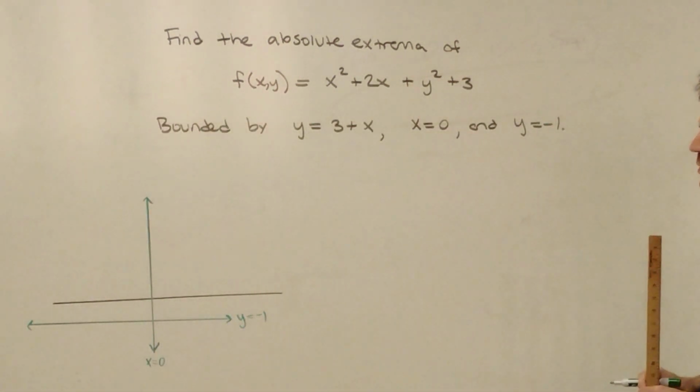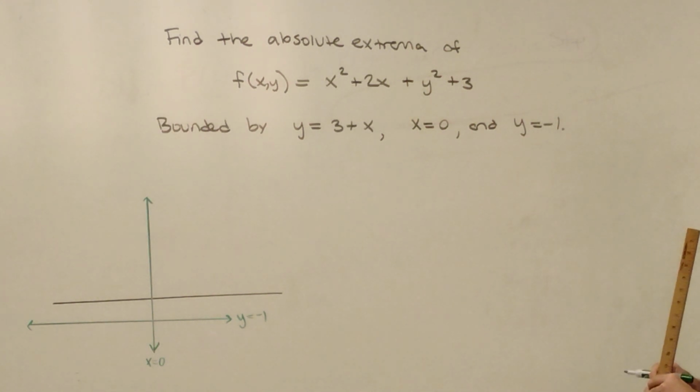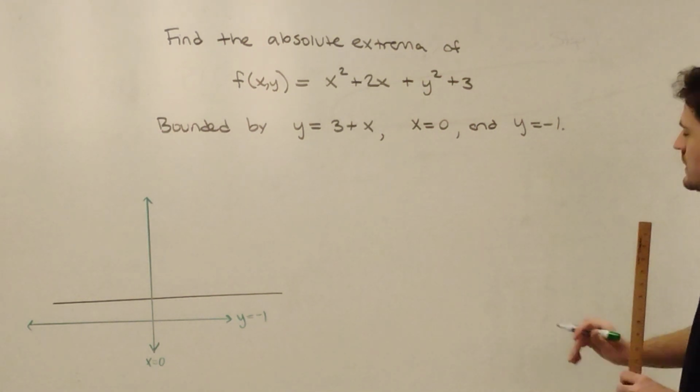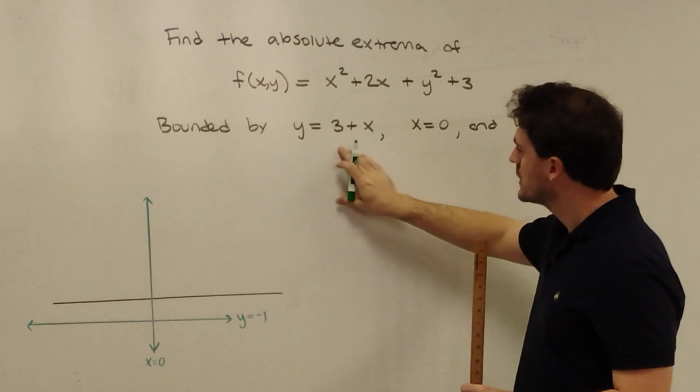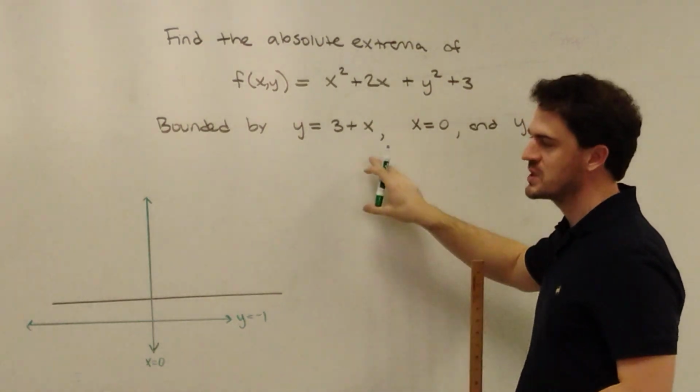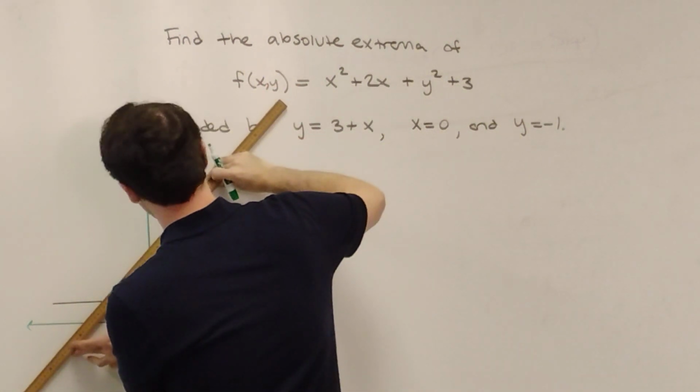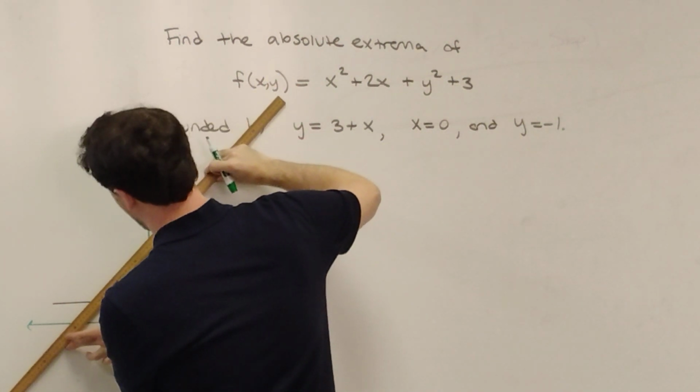I've got y equals -1, so a horizontal line with a y value of -1. Then I have y equals 3 plus x, or x plus 3. That's a line with a y-intercept of 3 and a slope of 1.